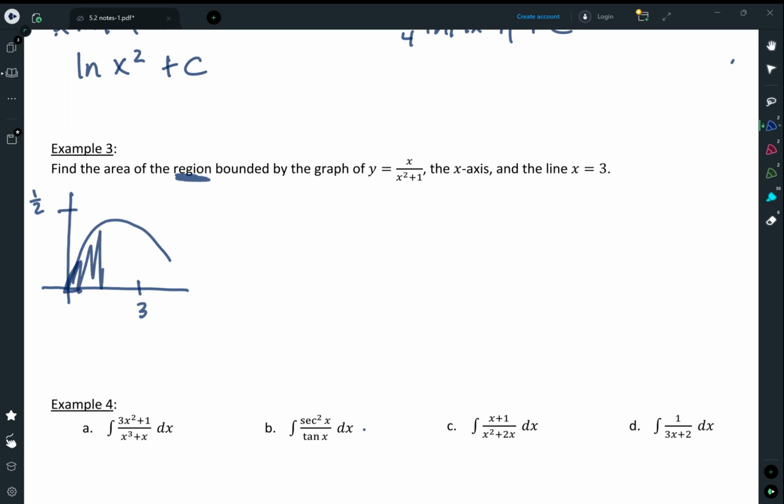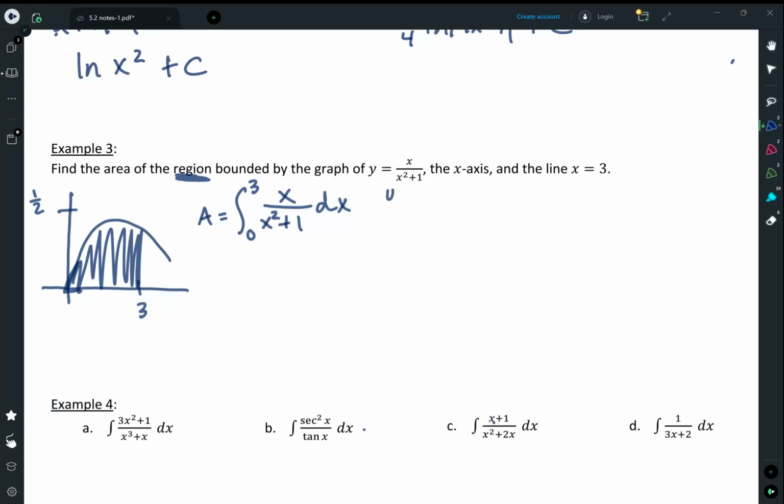And I don't have to worry about a bound on the left because it's bounded kind of naturally here at the origin. So if I'm looking for this area, my area is going to be the integral from 0 to 3 of my function x over x squared plus 1 dx. So I know that I have a bigger power in the denominator. So this looks like a u prime over u situation again.